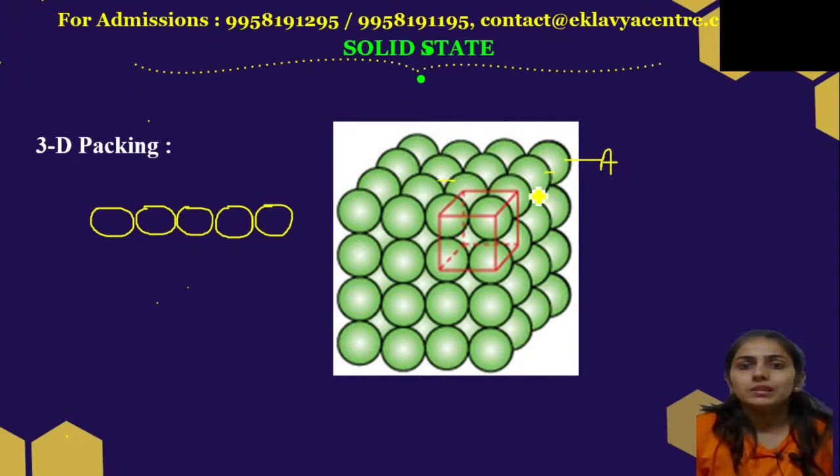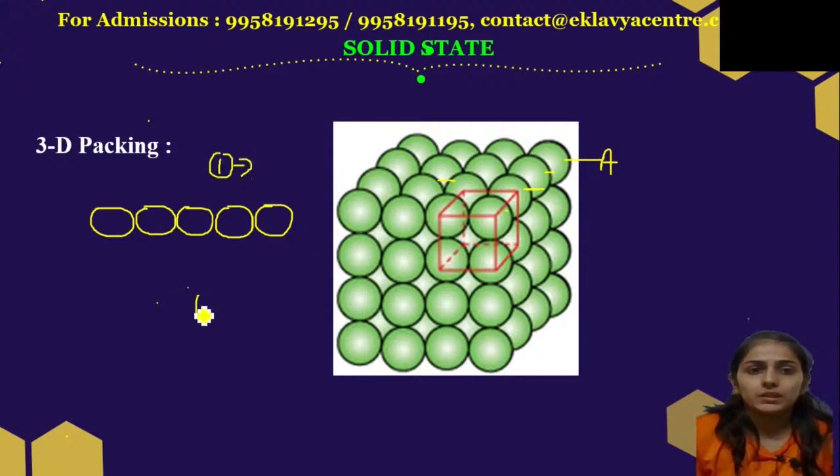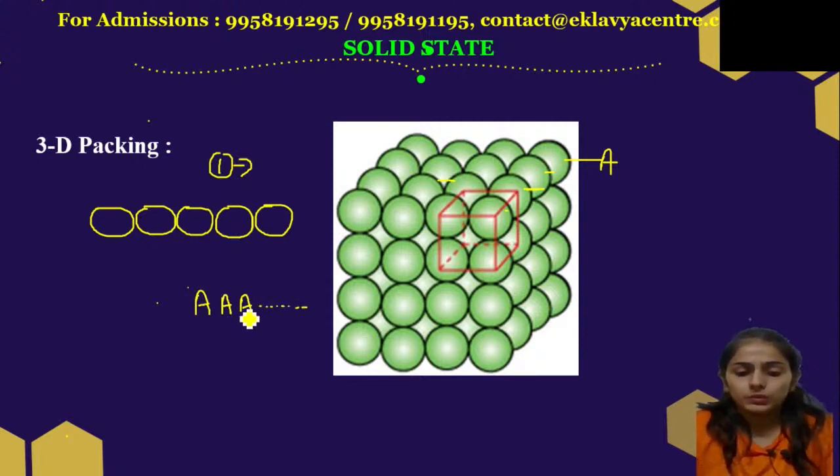if we put the third layer and fourth layer and so on, we are just simply putting the layers one after the other. So this type of packing is known as the first type of packing. It is known as A type packing, because all the layers are similar to each other.